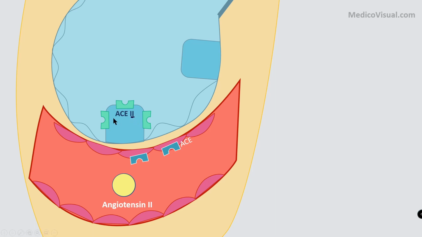ACE2 receptors are present here. ACE2 is also an enzyme, and it acts in the opposite manner of ACE1. ACE1 generates angiotensin 2 and ACE2 inactivates it, right? So angiotensin 2 will be converted into angiotensin 1 to 7, its inactive form.